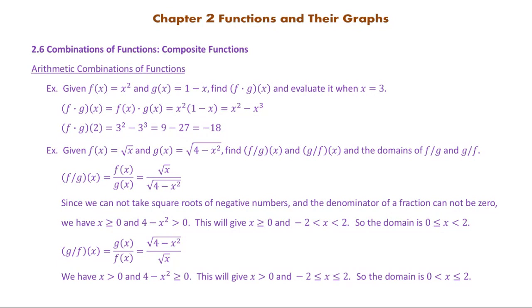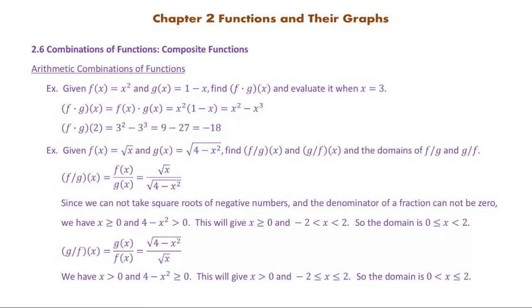Okay. Similarly, when you divide g by f, this time you just flip it. So you're going to get the square root of 4 minus x squared over the square root of x. Similarly, we have to consider each part. On the top, we require 4 minus x squared greater than or equal to 0 to make sure that when you take the square root, it makes sense.